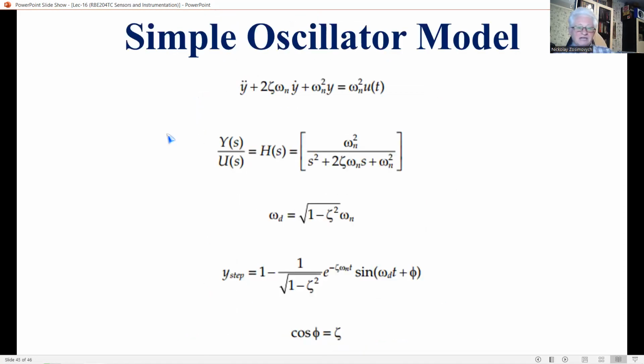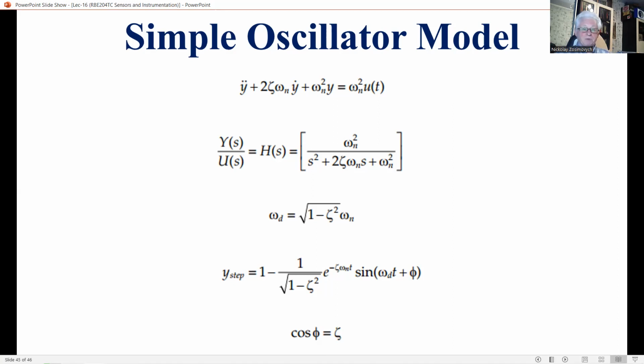The simple oscillator is a versatile model which can represent the performance of a variety of devices and specify the desired performance. Depending on the level of damping that is present, both oscillatory and non-oscillatory behavior can be represented by this model.